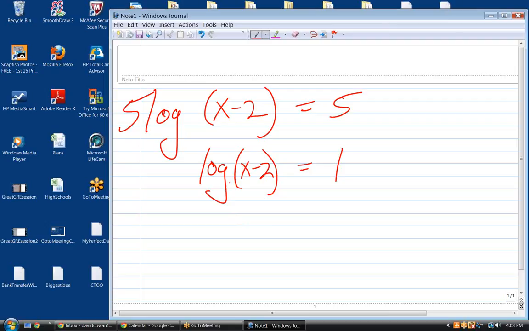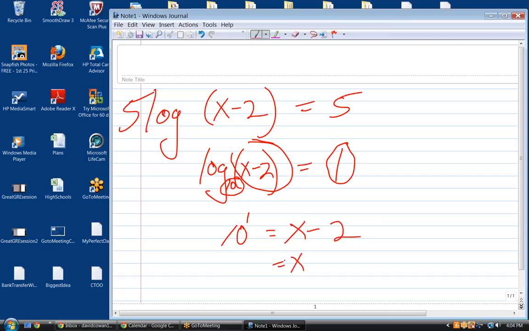Well, the way I usually convert my log expressions to exponential expressions, just the way I remember it, is it's the number on the far left raised to the power of the number on the far right, and it equals the argument. So I end up with 10 to the 1 equals x minus 2. Now x equals 12.